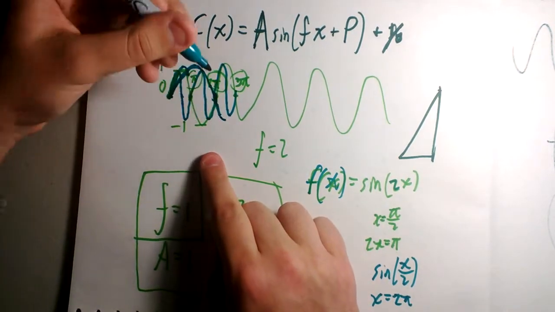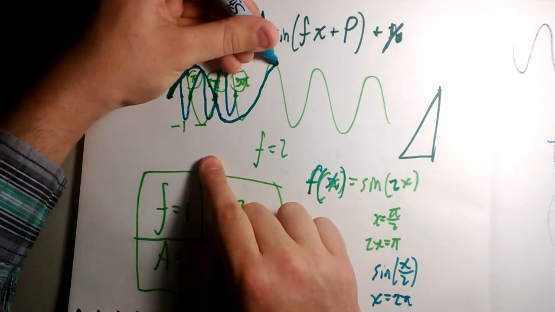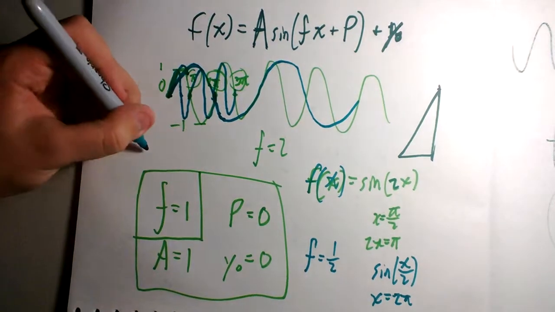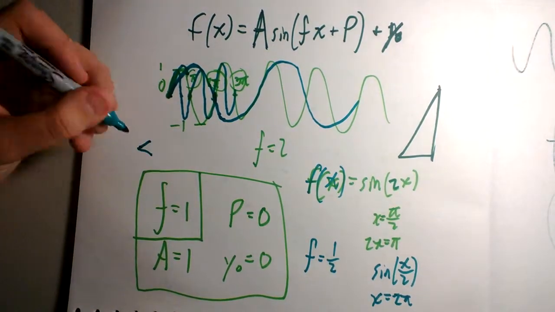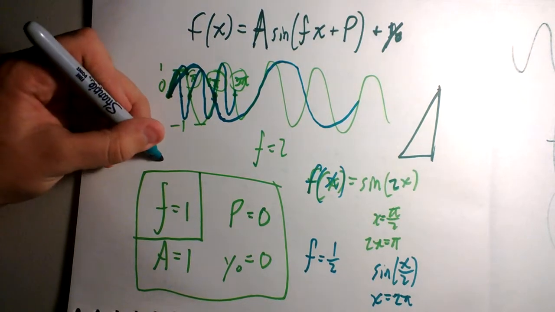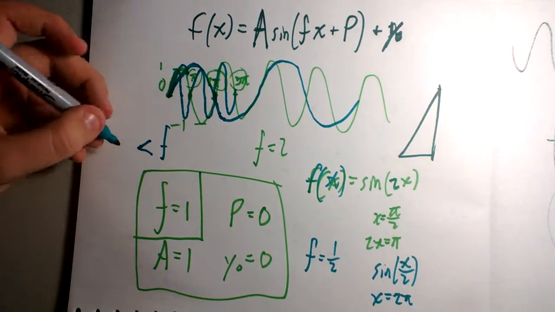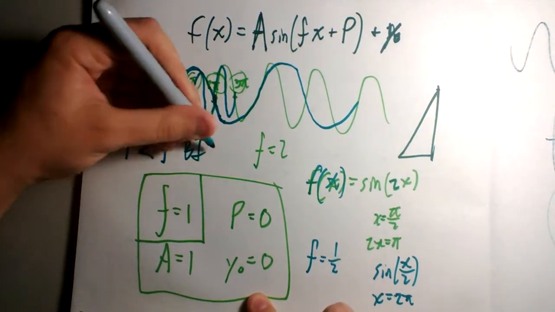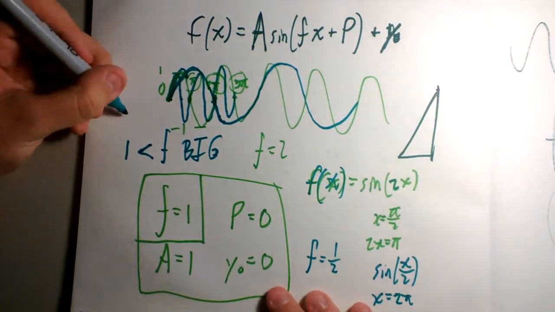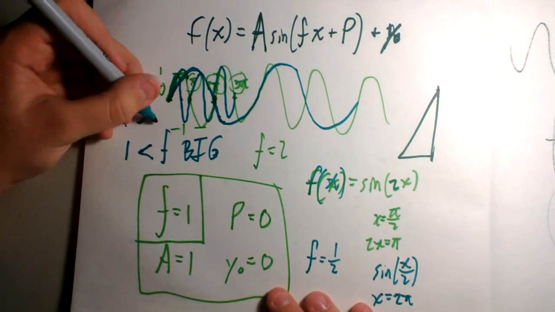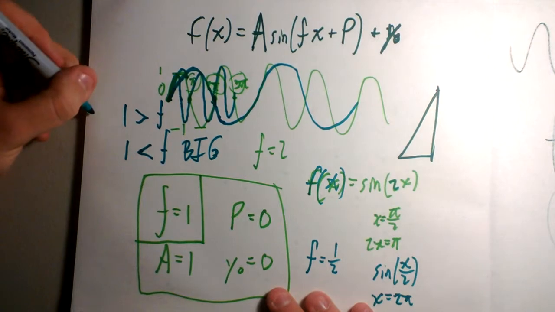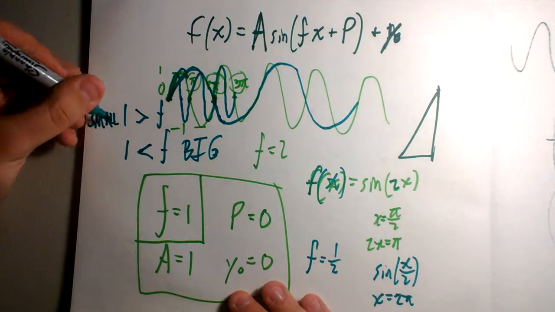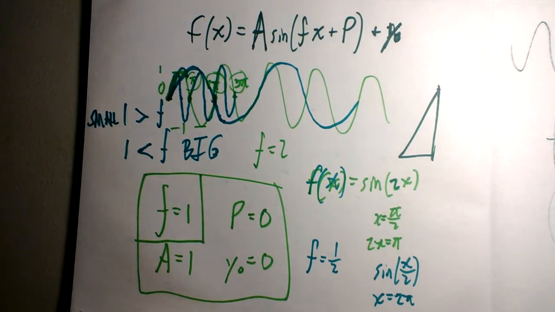So now we made a graph that stretches much longer than it had by dividing by 2. So if f is less than 1, then the wave will be big. And if f is greater than 1, then it will be small. The distance between the waves will be small. All right, that's understood, I think.